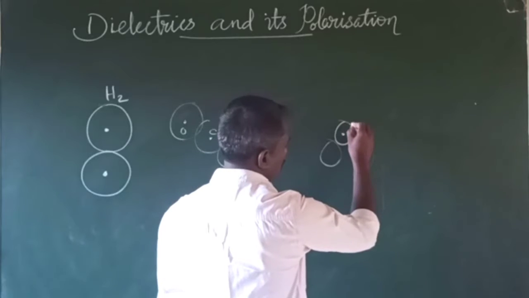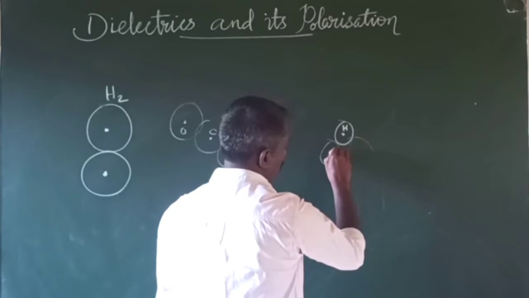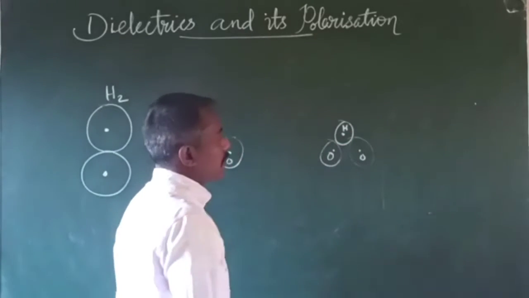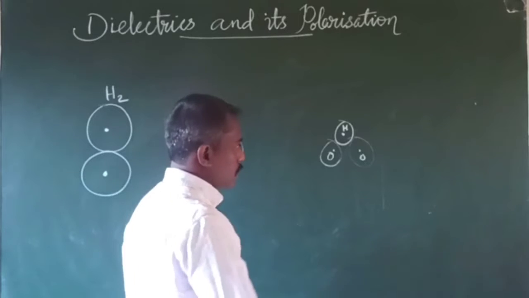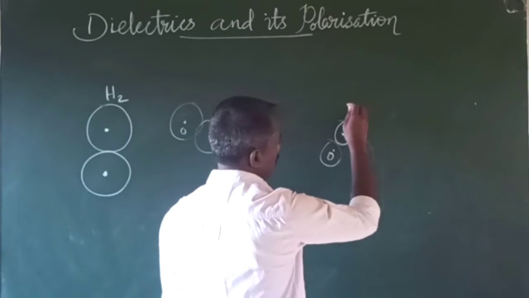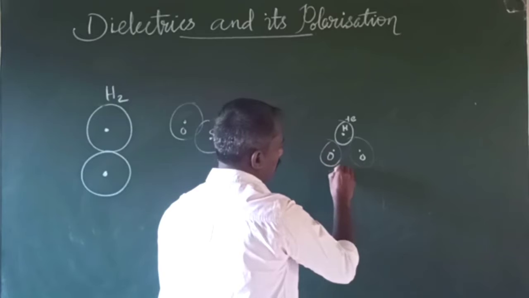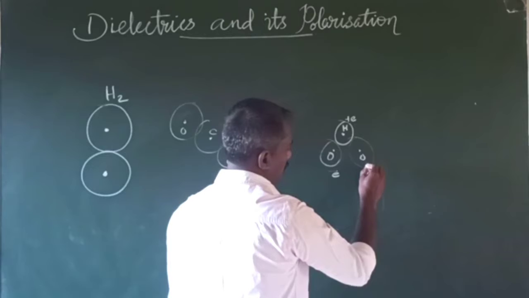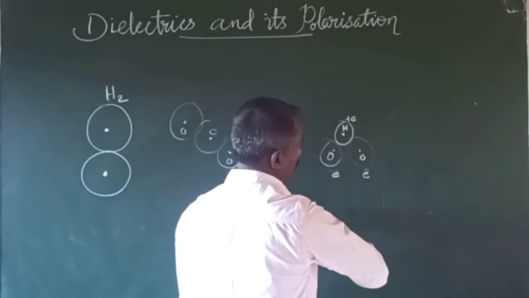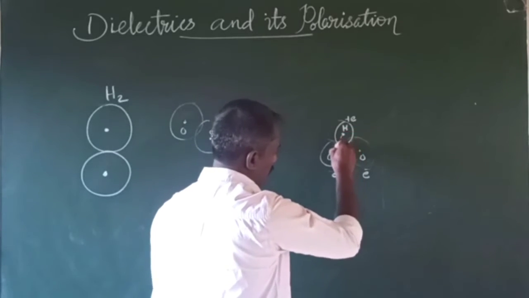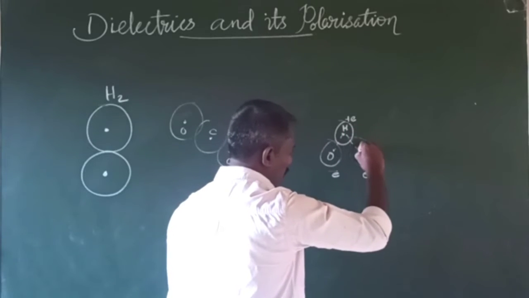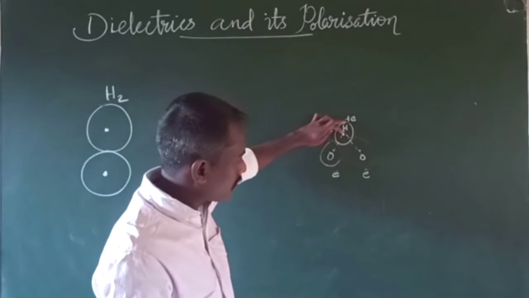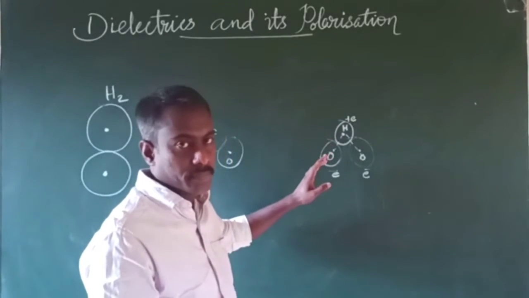Here the hydrogen gives one electron to the oxygen, so you will have a plus E on hydrogen, and the oxygen will have a minus E. The nuclei of these atoms are separated.